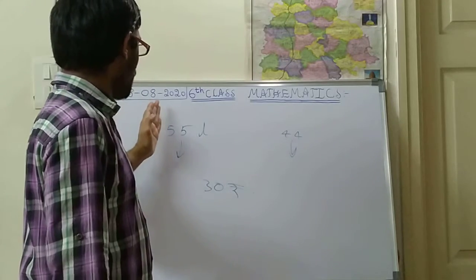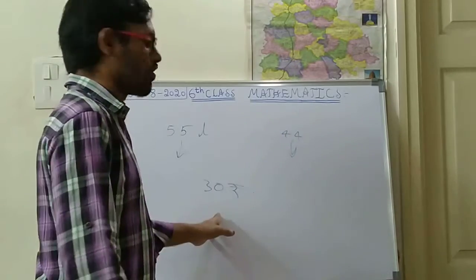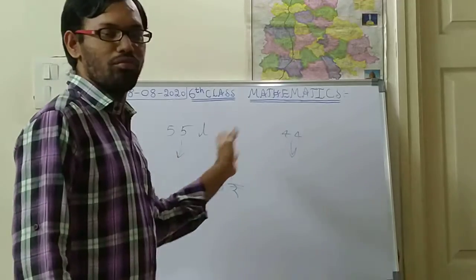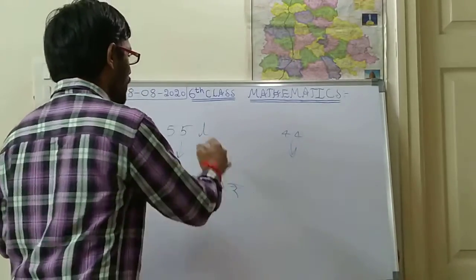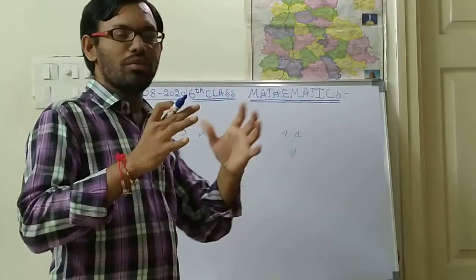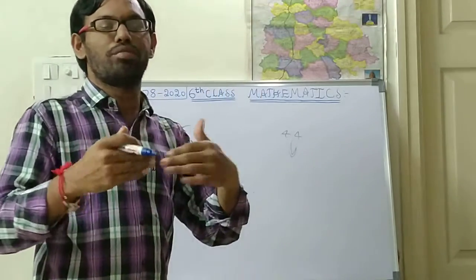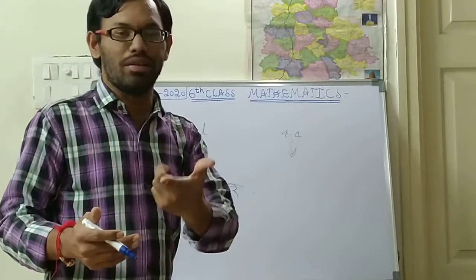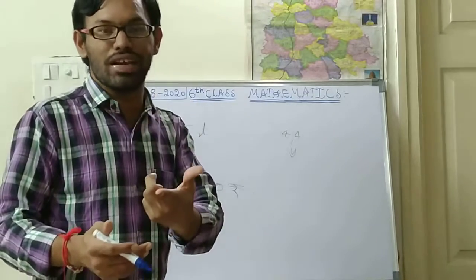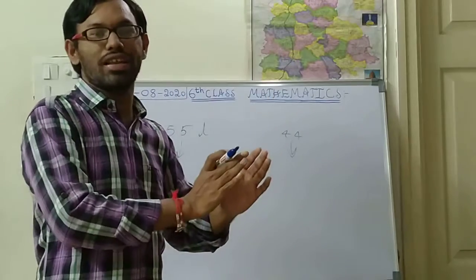Directly, we multiply 55 into 30 and 44 into 30, and add both. That is one of the models of the direct properties, estimating directly. Up to yesterday we have seen like that.